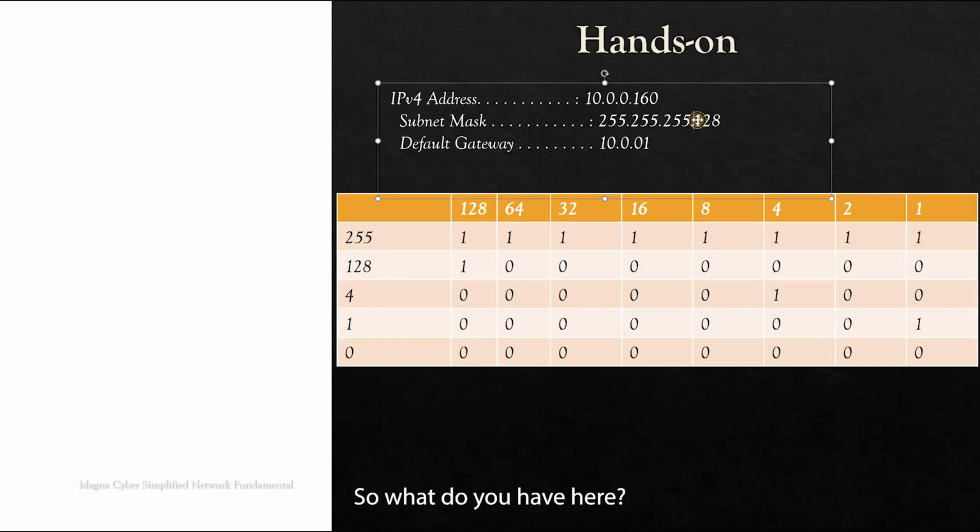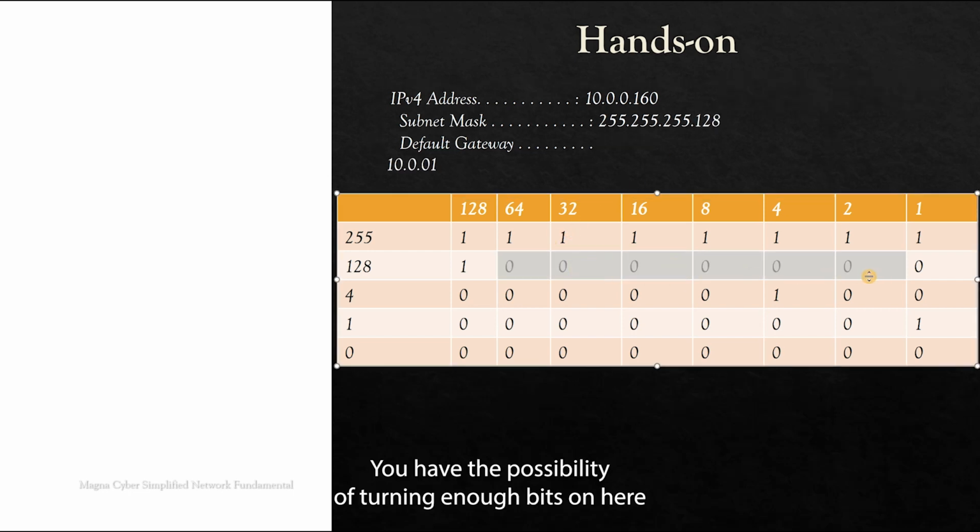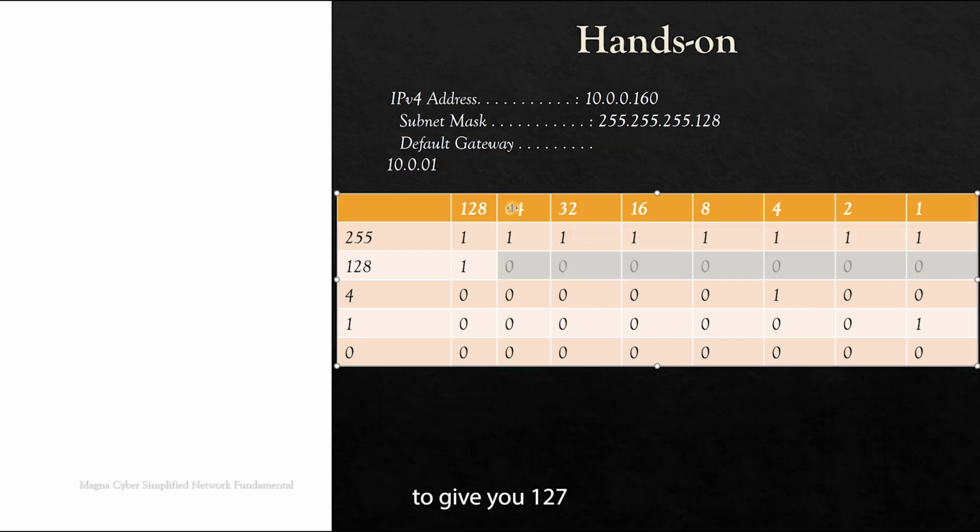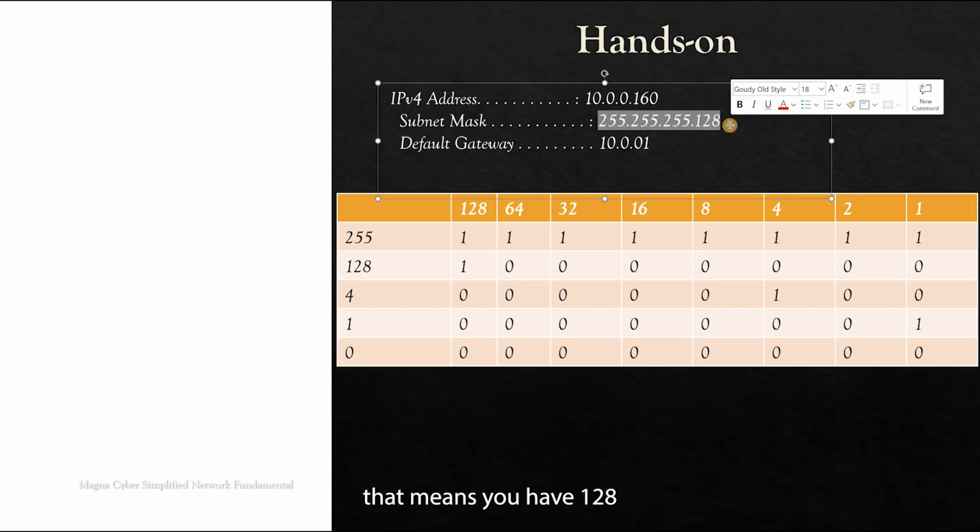So what do you have here? You have the possibility of turning enough bits on here to give you 127. And you're going to add the subnet address to that to make it 128. So here, if that's your subnet mask, that means you have 128 possible IP addresses in this network.